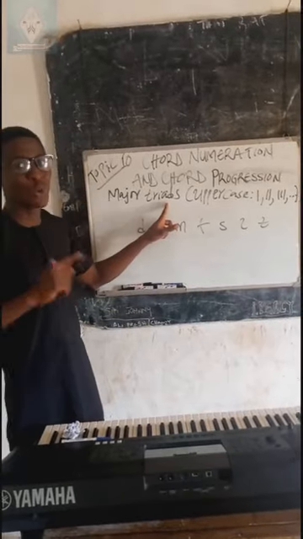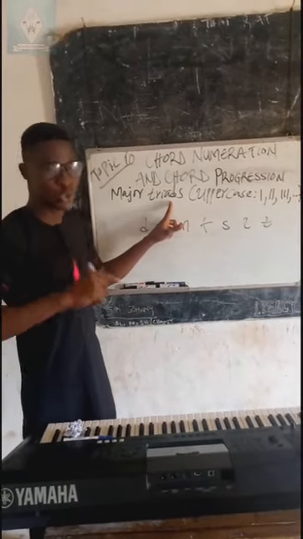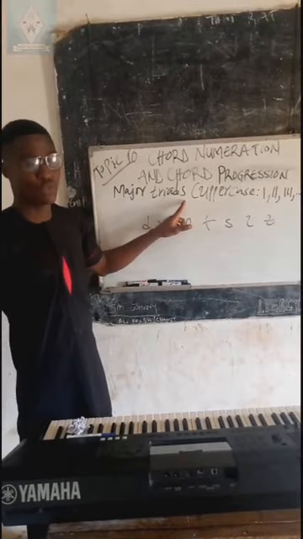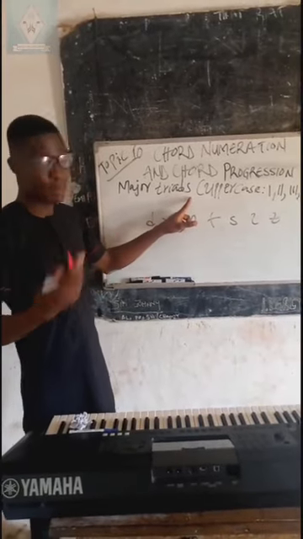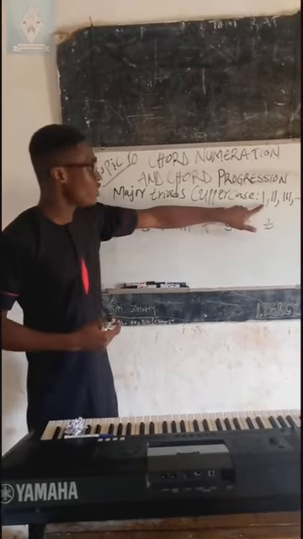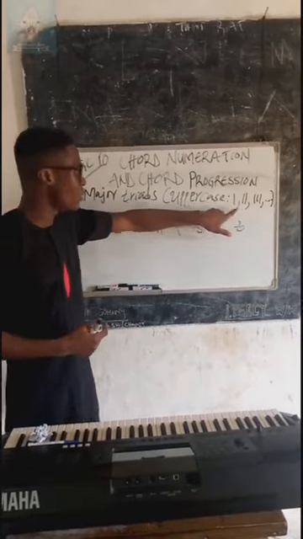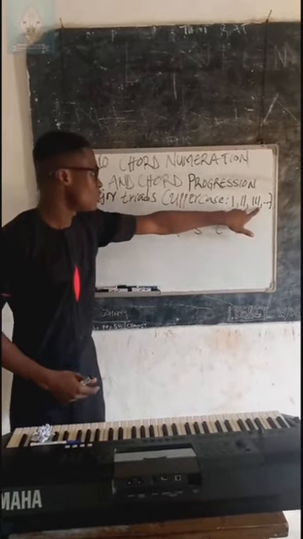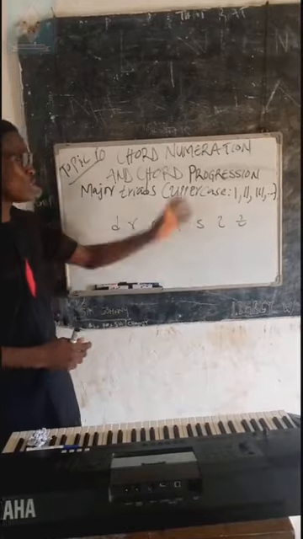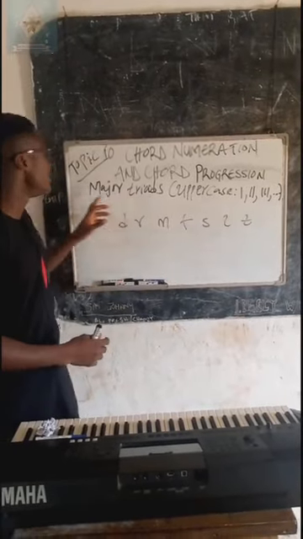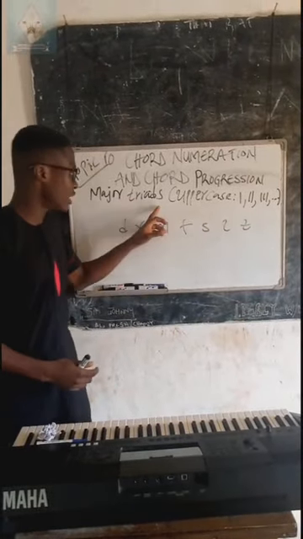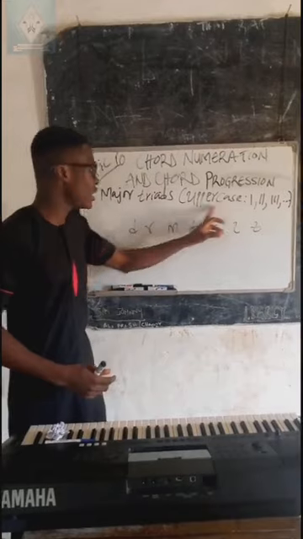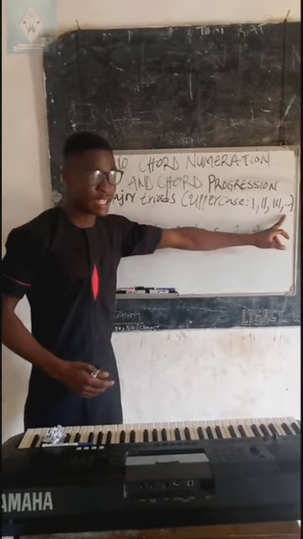By that, we have known the type of the chord, which goes in line with the definition of chord numeration. I repeat it again. If you see a capital Roman numeral, maybe capital I, capital II, or capital III, used in numbering a chord, or you just see it anywhere, you know that chord is a major triad because the numerals are in uppercase, that is capital letters.